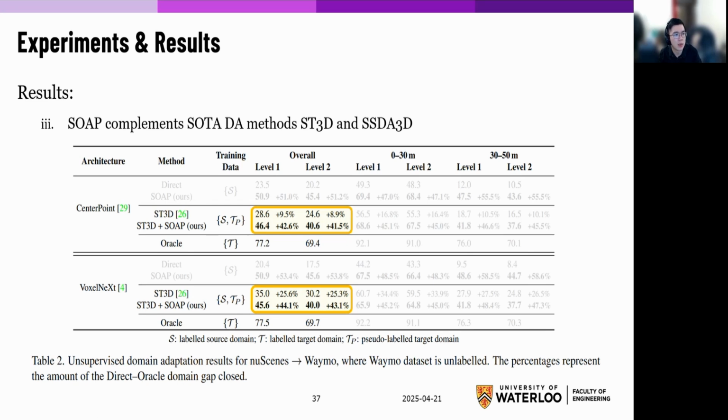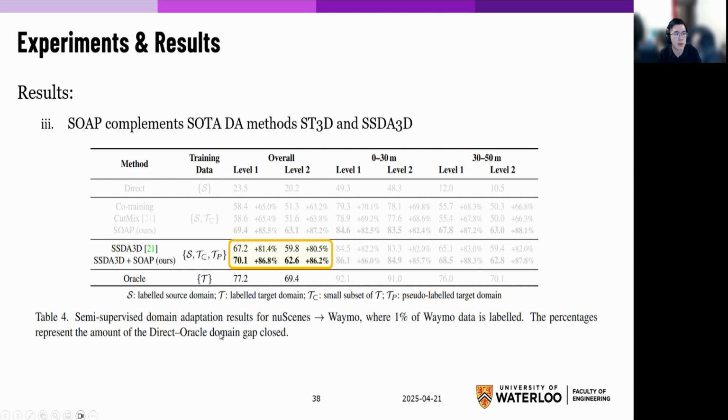And when we apply the SOAP pseudo-labels and combine them with existing techniques such as ST3D and SSDA3D, we find that in both cases SOAP can improve those state-of-the-art methods, showing that we are complementary to them. In the unsupervised domain adaptation case, with the SOAP pseudo-labels, ST3D using either architecture can result in a much larger improvement compared to the original baseline.